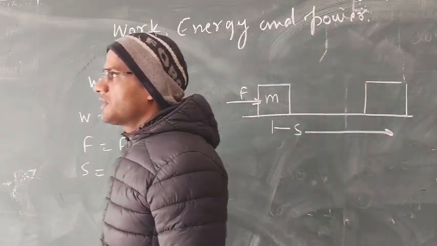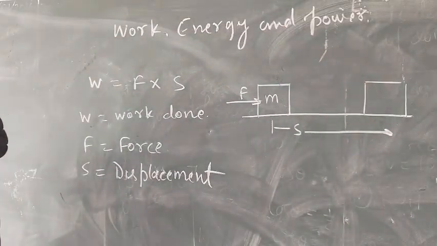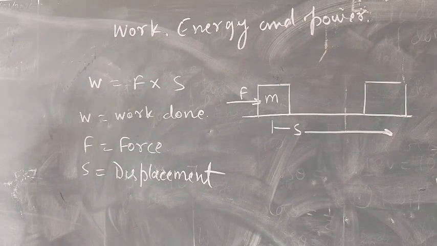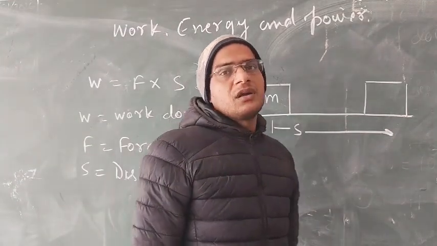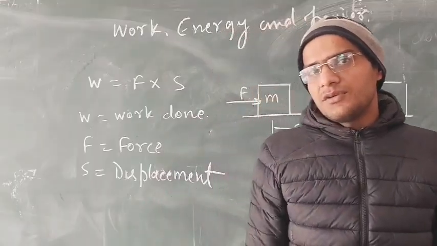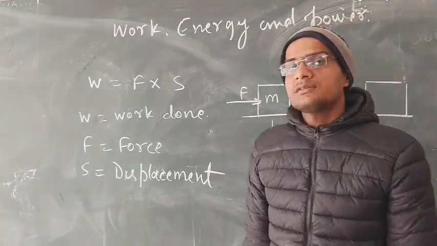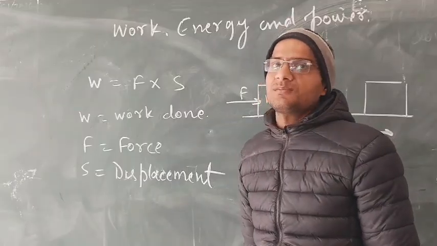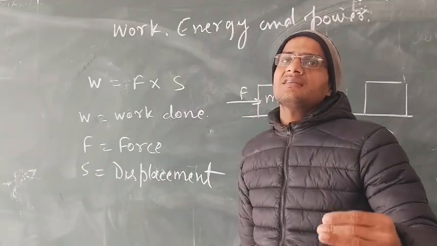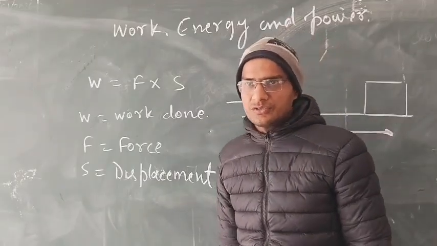In physics, work can be positive, negative, or it can be 0. When is work said to be positive? Work is said to be positive if we apply force on an object and the displacement is along the direction of the force.